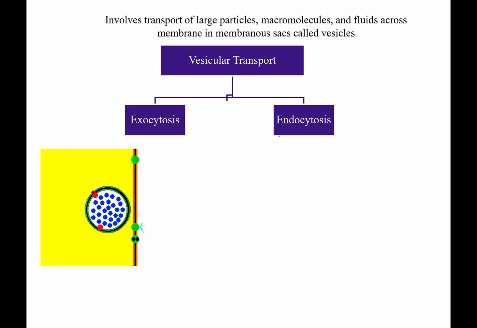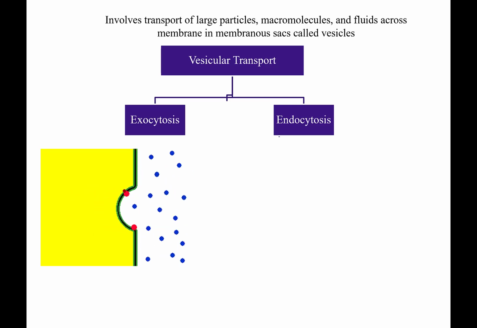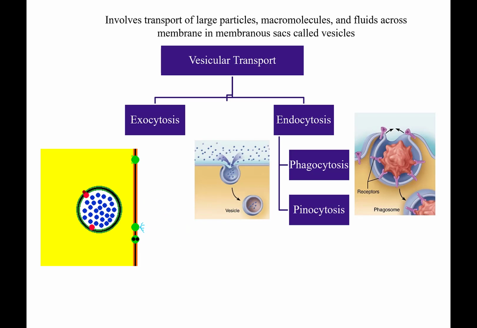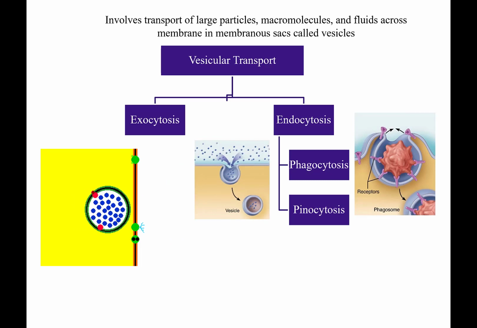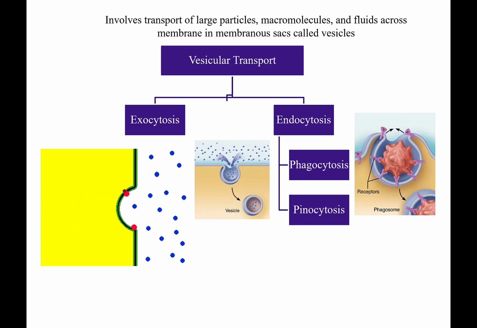Exocytosis refers to things that can be carried in a vesicle, then they get spit out of the cell. Versus endocytosis refers to the cell consuming things. This could be consuming a bacteria, for example.